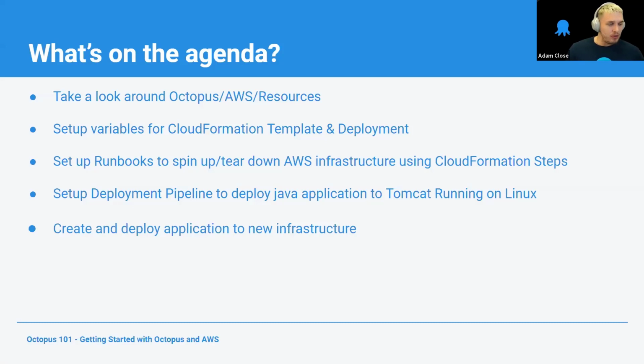Once we've done the runbooks, we'll set up a deployment pipeline to deploy a Java application to Tomcat that is running on Linux. Once we've created that deployment pipeline, we'll tail that up by creating a release and deploying our application out to our new infrastructure. So we're going to go from zero infrastructure to a running application.